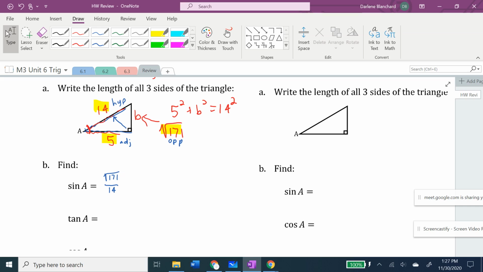And the more I wait, the less I get to do with you. For tangent, opposite over adjacent, so you are correct.